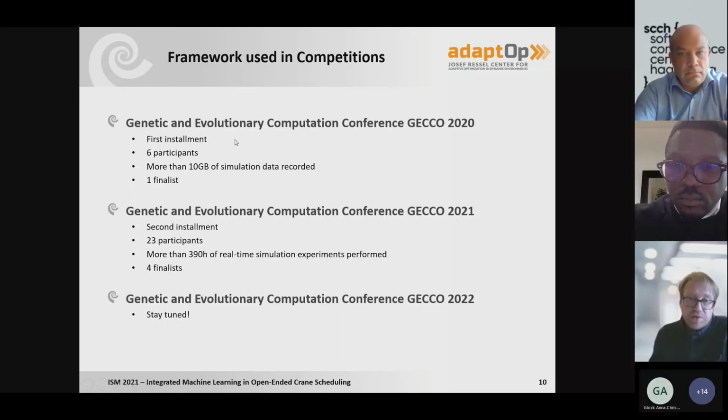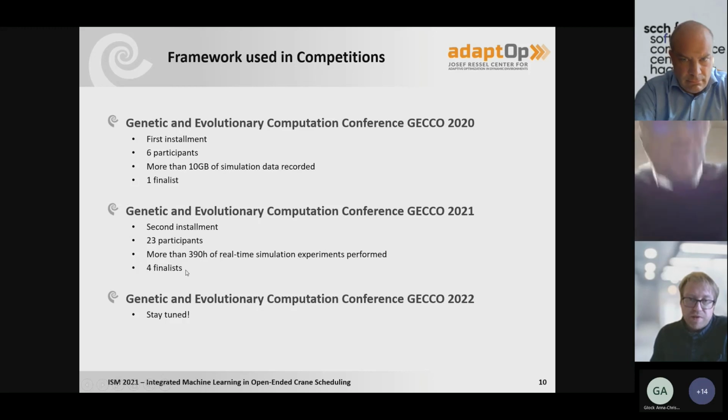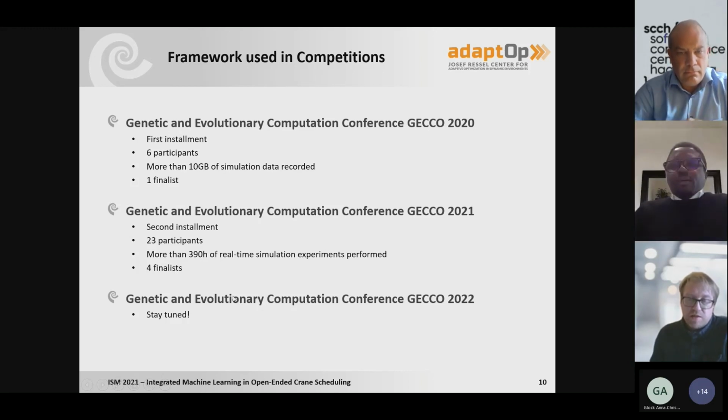And then we run a competition. The first competition was launched in another conference that has these competitions, and we have increased participation in these competitions. We note that this is very well received, and also we submitted it to the next year's competition.